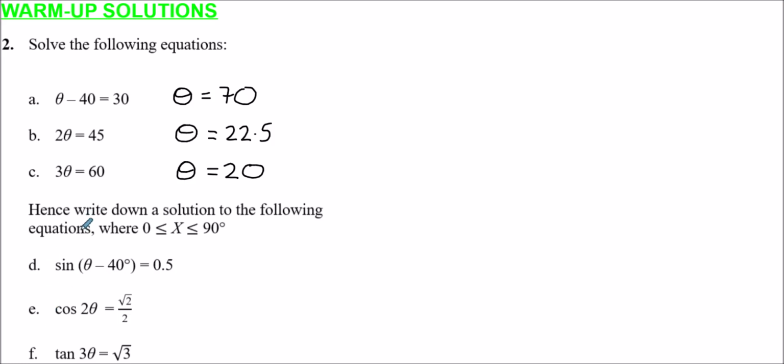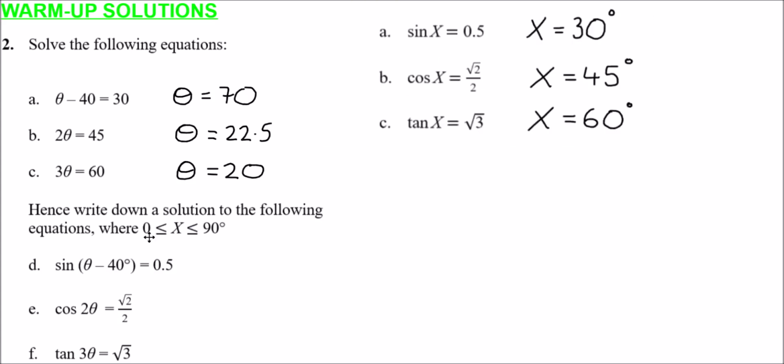So for D, E and F, it asks us to solve for theta, where big X is between 0 and 90 degrees. So just to remind you of what I meant by big X, here's what we had from part 1. So we had sine big X is 0.5, we worked out that X was 30.